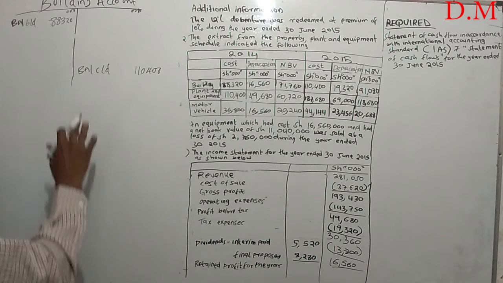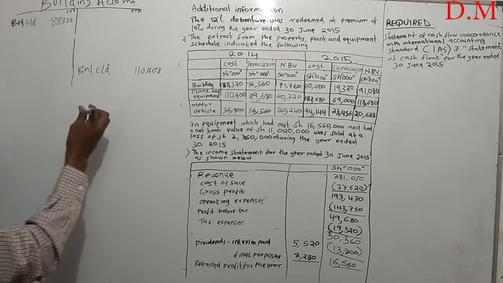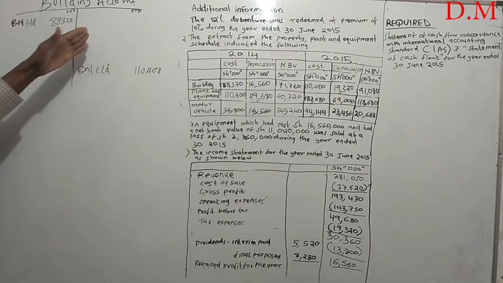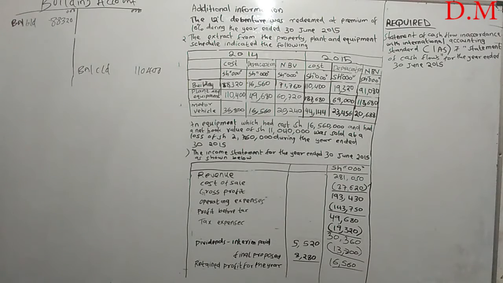That means we are going to balance the building. Remember, for the fixed assets, if our balancing figure is on the debit side, that is an acquisition or purchase. But if our balancing figure is on the credit side, that is a sale of the asset.